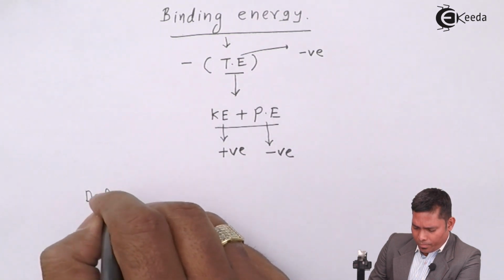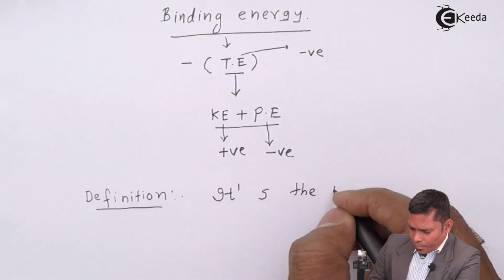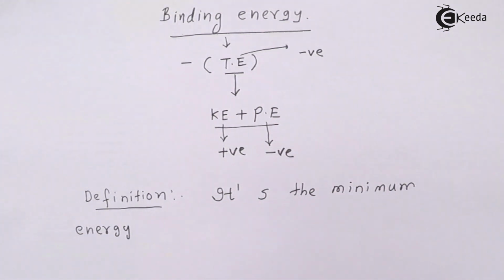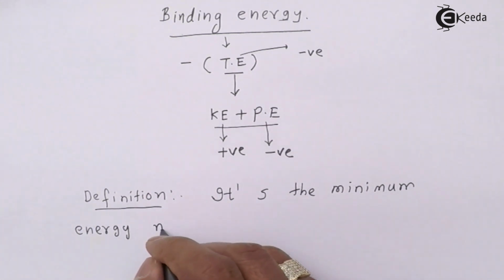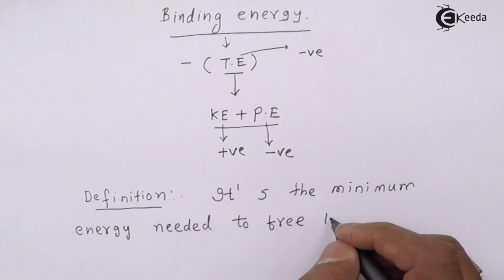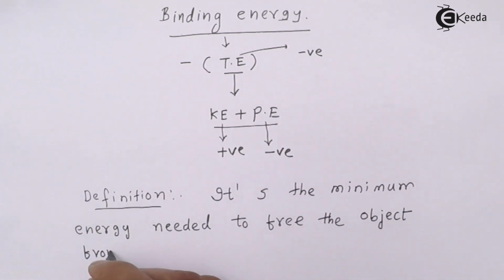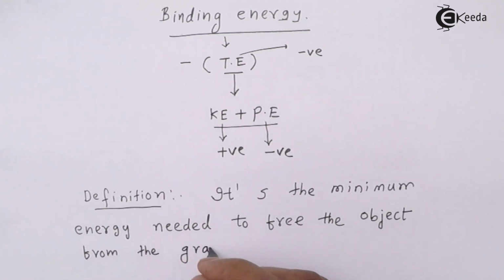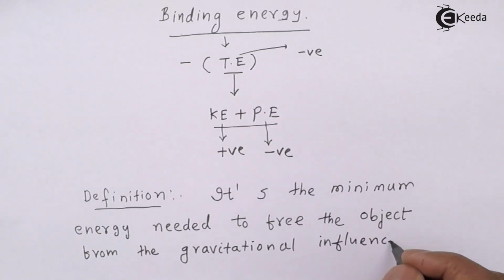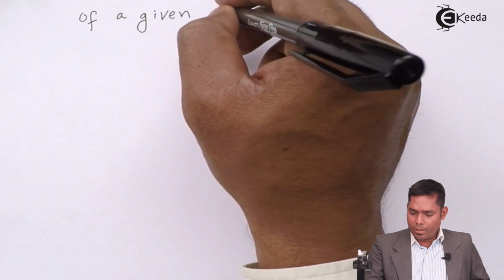Definition: it is the minimum energy needed to free the object from the gravitational influence of a given planet.